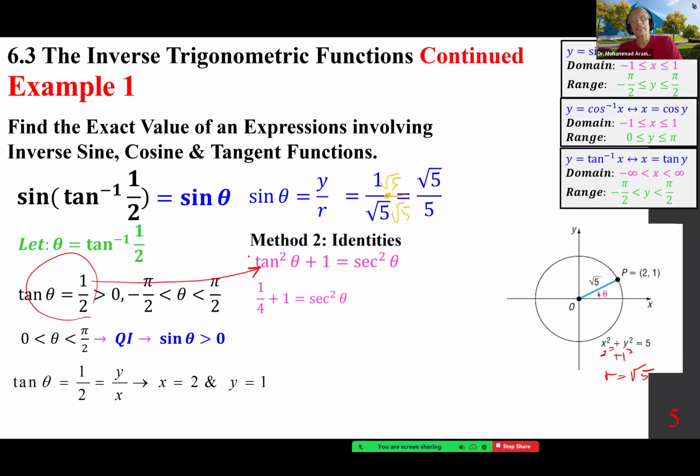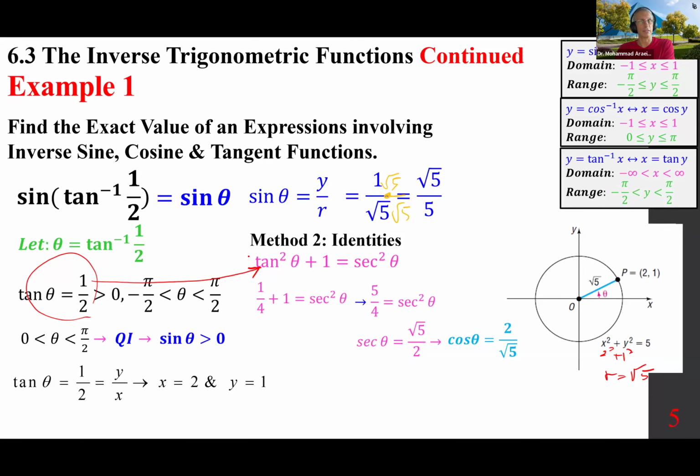So therefore, secant squared becomes 5 over 4. And secant becomes the square root of that, square root of 5 halves. Secant is 1 over cosine, and cosine is the reciprocal of that, 2 over square root of 5.